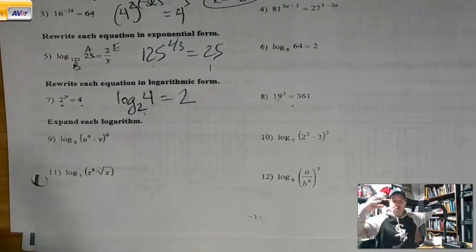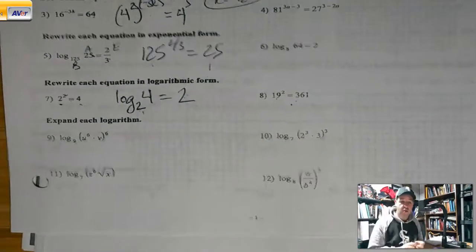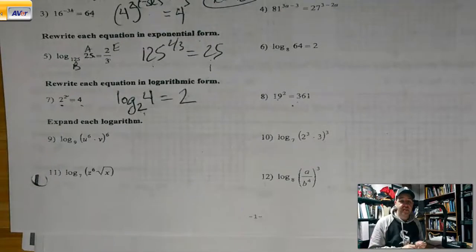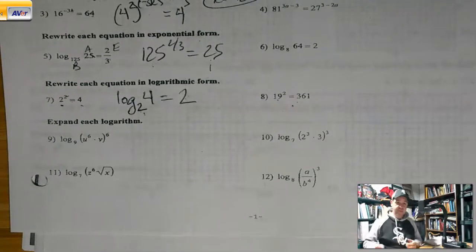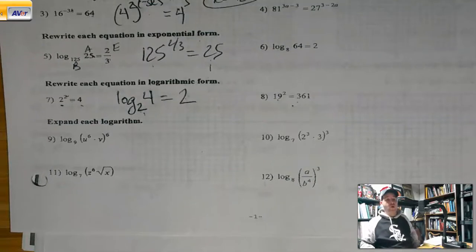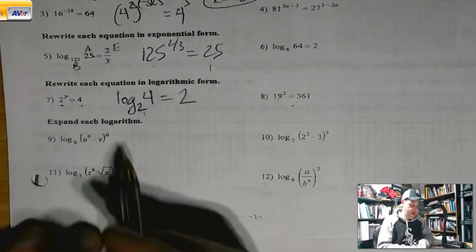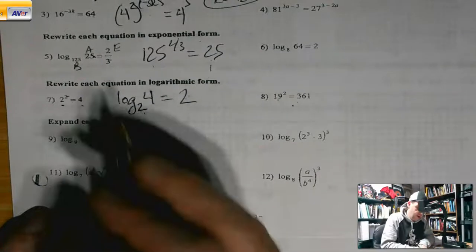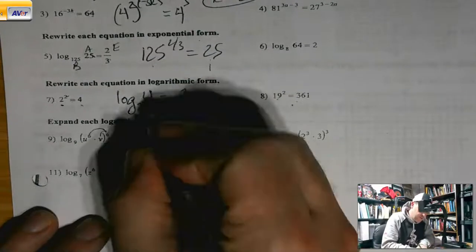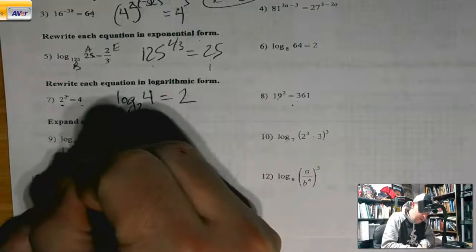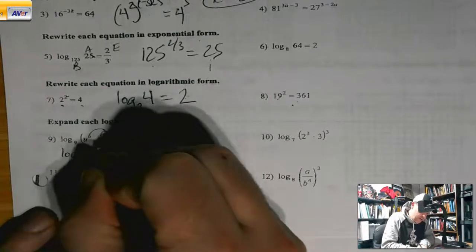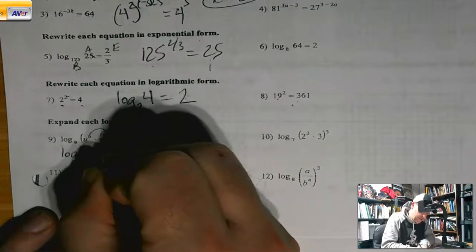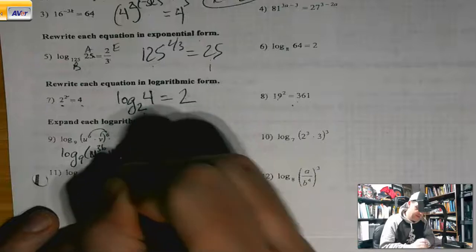Okay. Expanding, stretching your logarithms. And as we said before, the only exception to starting with your multiplying or your dividing here on these is if you have an exponent out here, okay? And there's multiple things going on in here. I would take care of that first. So this would be log base 9 of u to the 36th, v to the 6th.